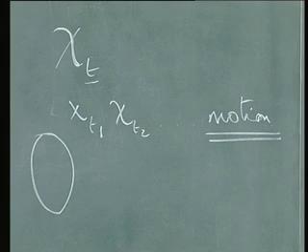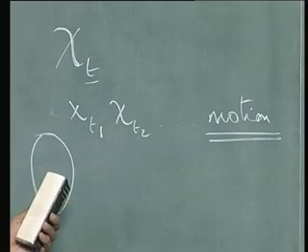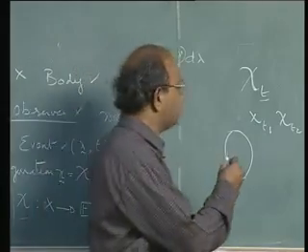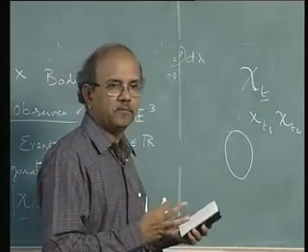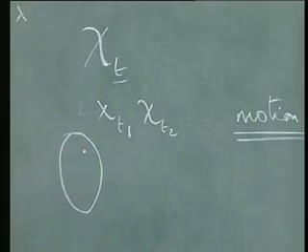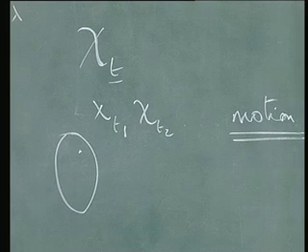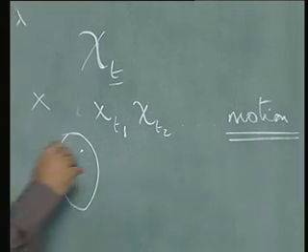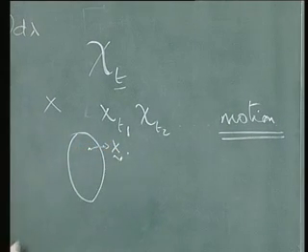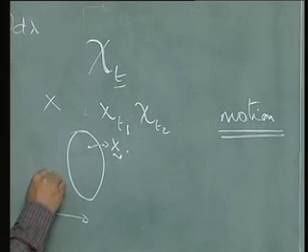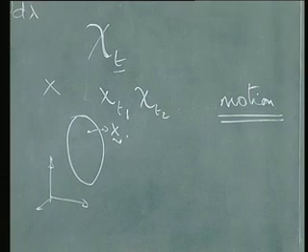Placing the body in a particular position means that for every point in the body, I give a label called coordinates of the body. So a material point of the body, which was small x, is now given a name called coordinates, and so becomes the position vector x. In other words, I'll study this with respect to coordinates of the body.